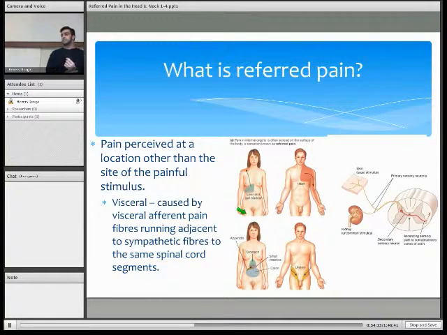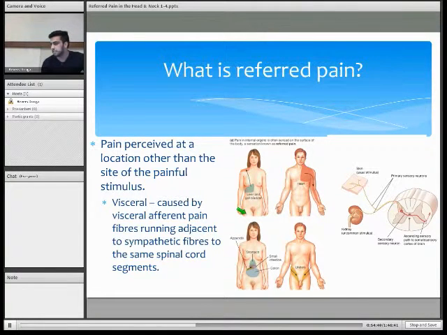It's more common for the signal to come from the skin, so the CNS perceives the activation of the whole ganglion as coming from the skin. Even if it's from the viscera, you perceive and feel it on the skin. A good example of that is diaphragmatic irritation leading to shoulder pain.